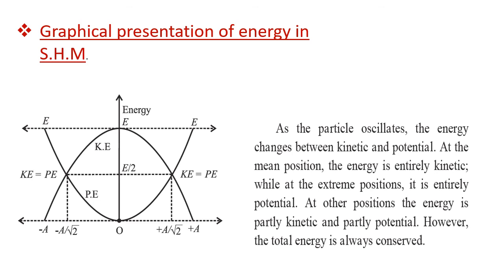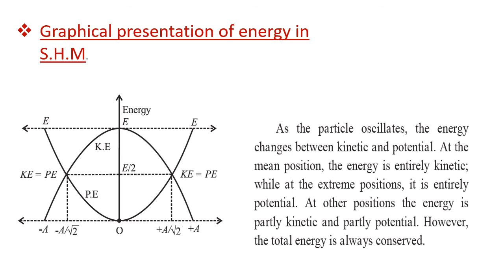So this graph indicates the kinetic energy of the particle, which is maximum, and the potential energy at mean position, which is 0. These bell curves indicate the graphical presentation for kinetic as well as potential, and these points indicate the intermediate positions of the particle, wherein the particle has both potential as well as kinetic energies.